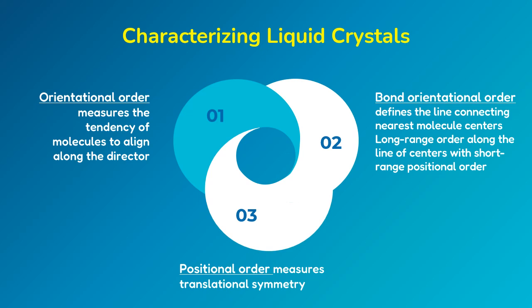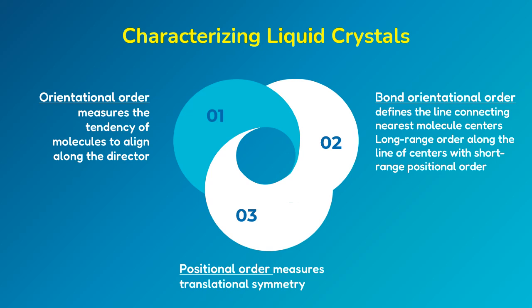Bond orientational order defines the line connecting the nearest molecule centers, and positional order measures the translational symmetry. That is, the degree to which a typical molecule or a collection of molecules exhibits translational symmetry, just like a crystalline material does, is referred to as positional order.